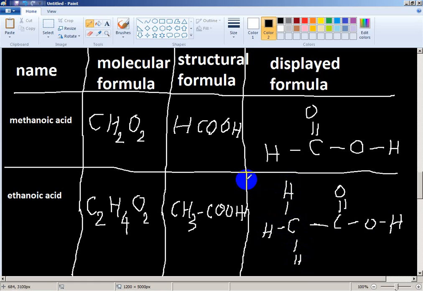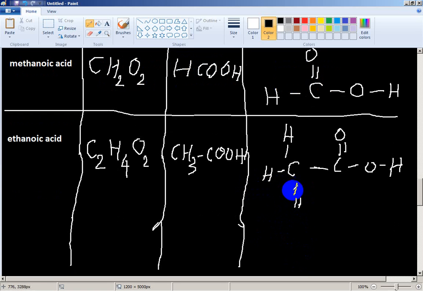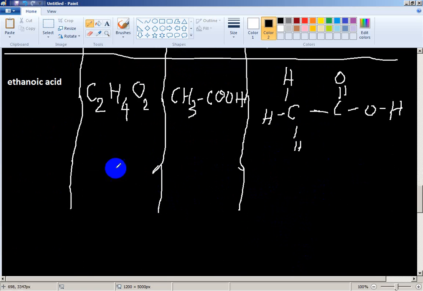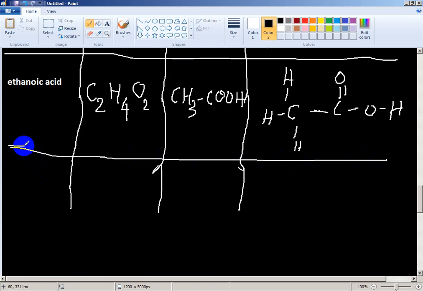Okay, this is ethanoic acid, its molecular formula, structure formula and displayed formula. Then which acid next? Hello student, which acid?